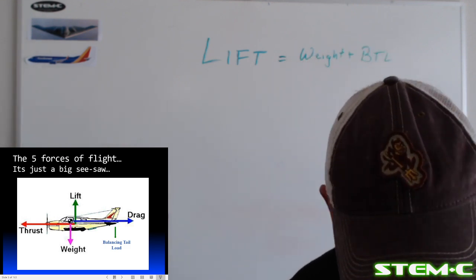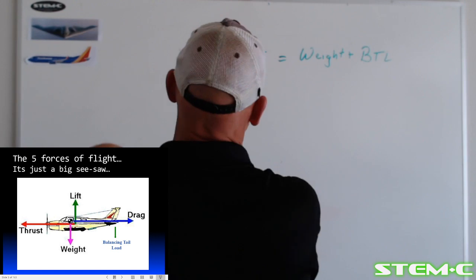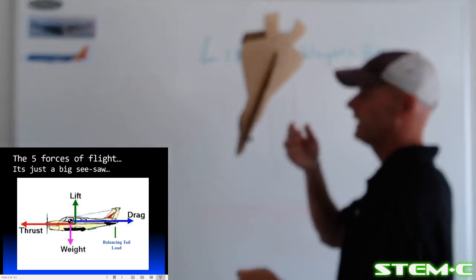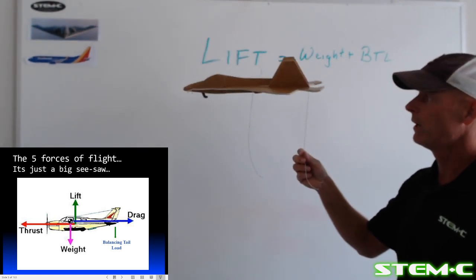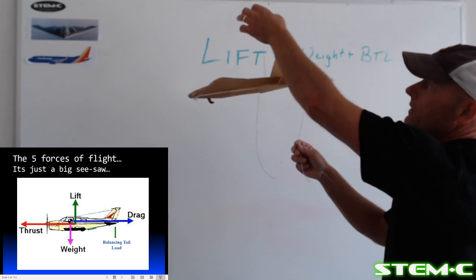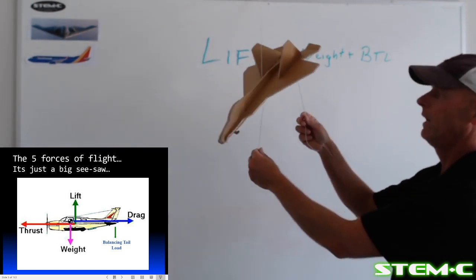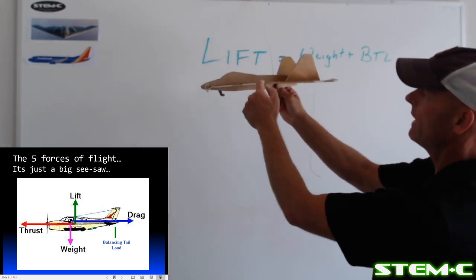Another little demonstration I'll do here with how the balancing tail load works is, again, I got my little flight test chuck glider here. So here we go. Right now, this string up top here is representing lift. This string right here is going to represent weight. And as you can see, I have them offset.